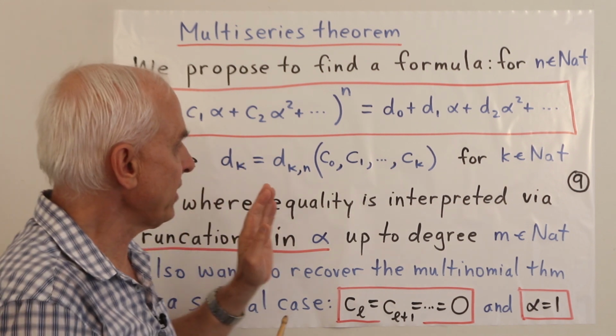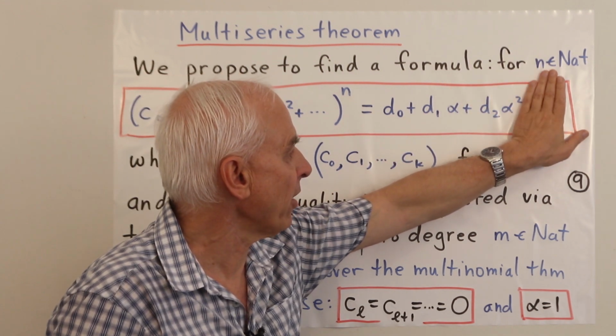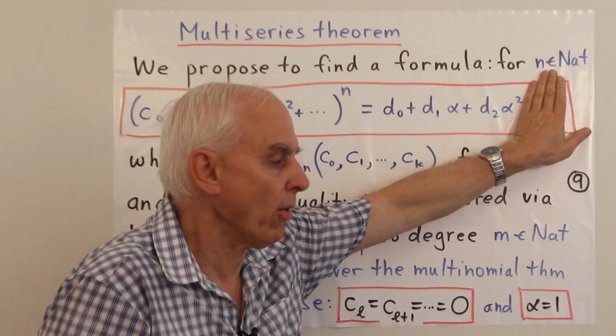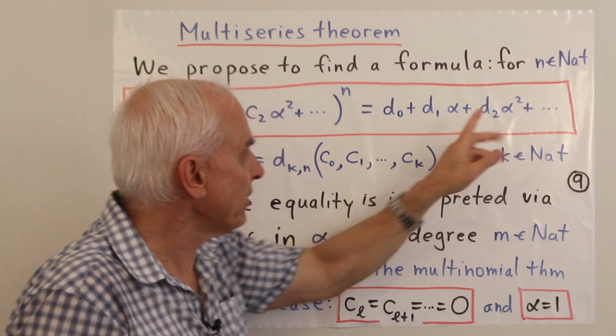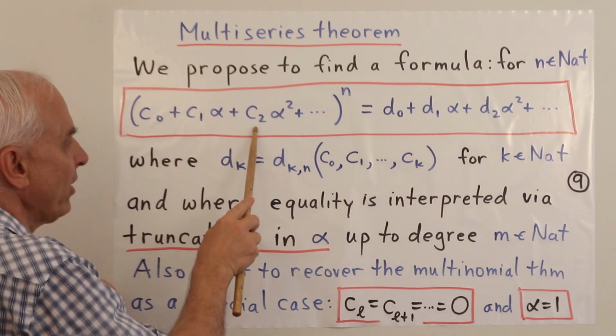So we're looking for a formula where if we go up to a certain degree, maybe up to degree 2, and look at that d2, what should happen is that d2 should be a function just of c0, c1, and c2.